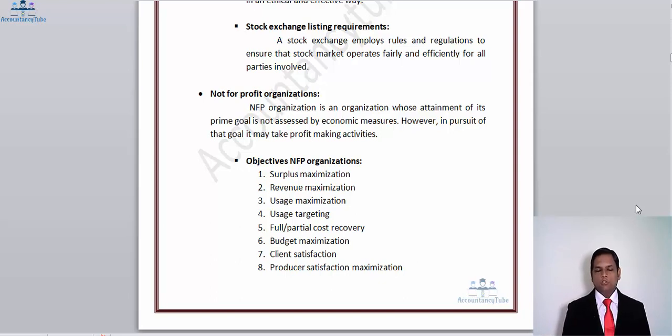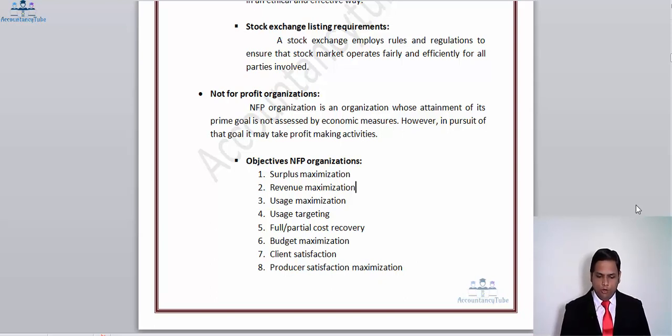Usage maximization: use resources as much as possible to give the maximum number of students the benefit. Usage targeting: a particular number of students will be sent to school with this fund on this much per month basis.